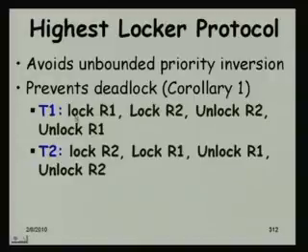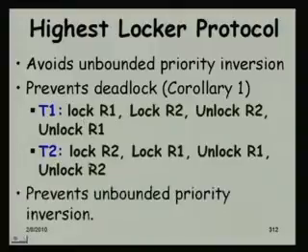But that is not possible, because as soon as T2 has acquired R2, the ceiling priority of R2 must be as much as the priority of T1, and therefore, this assumption that it will lock R1 is not possible. So, deadlock is prevented.